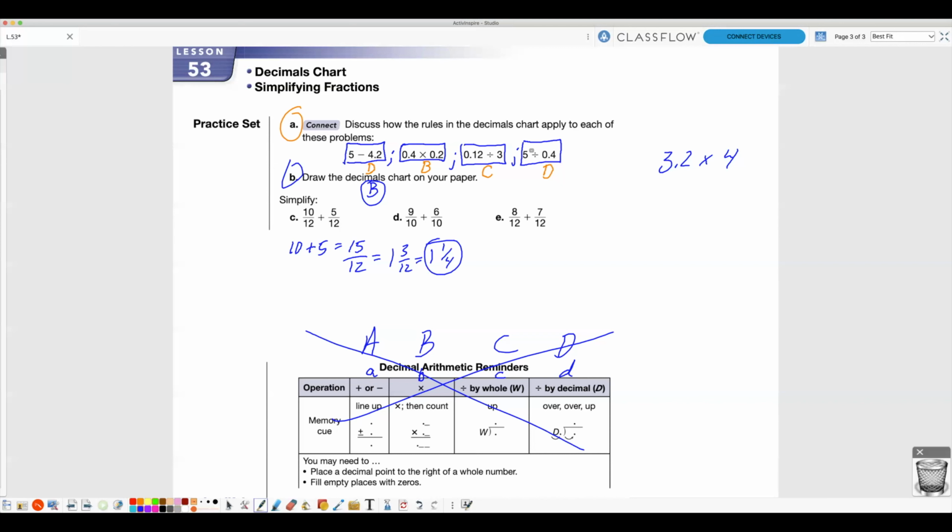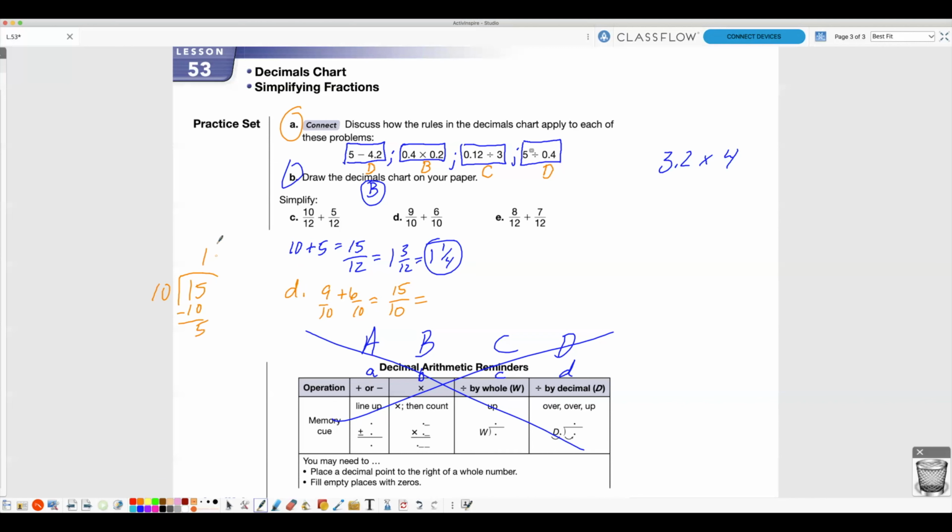All right, for letter D, you have 9/10 plus 6/10. So for letter D, 9 plus 6 in the numerators, and then the 10th stays the same. So you'd have 15 here and 10 in the bottom. And if I was to do 15 divided by 10, 10 would go into 15 one time.